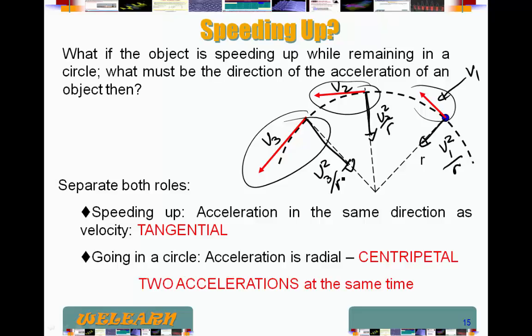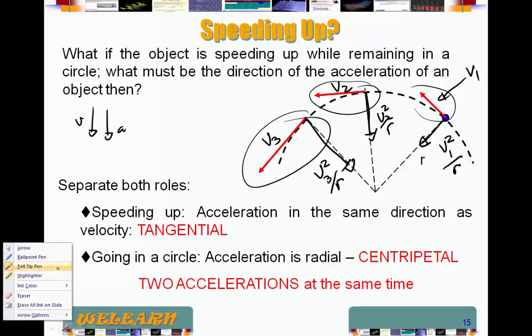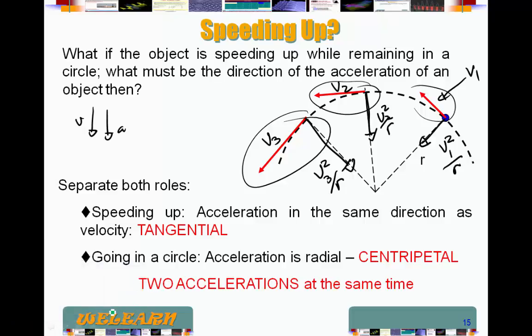However, since the object is speeding up, remember what we talked about when we discussed kinematics. For something to speed up, I need to have an acceleration in the same direction as the velocity. Which means I'm going to take another color here, which means I'm going to need another acceleration that is in the same direction as the velocity.